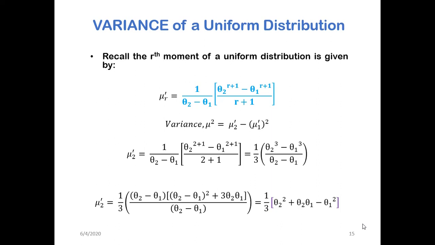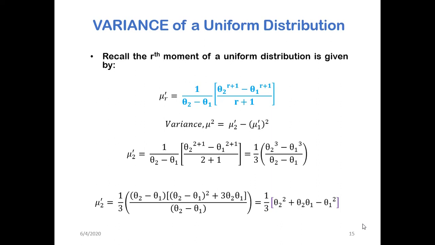If you substitute 2 for r and simplify, you end up having 1/3 of θ2 squared plus θ1θ2 plus θ1 squared.